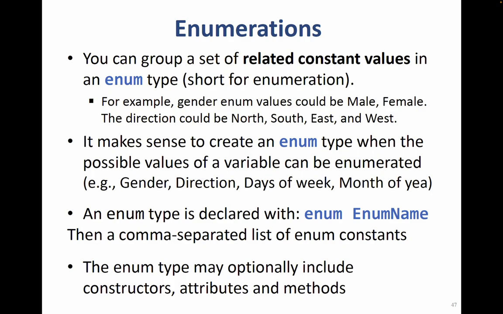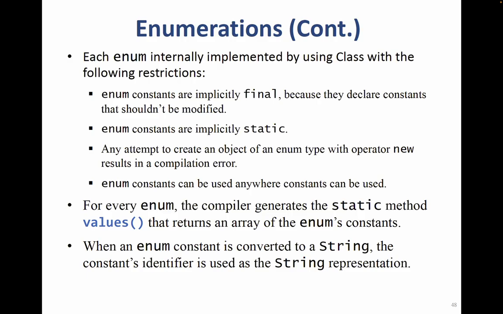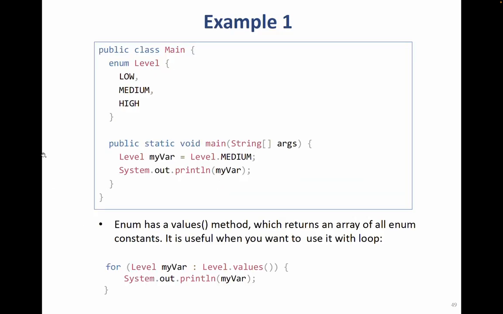Let me give you an example for this. Let's say that in your game you have three levels: low, medium, high. Now we define it with this keyword enum, and then we give it a name, like Level, and then we say, okay, we will have these three values.